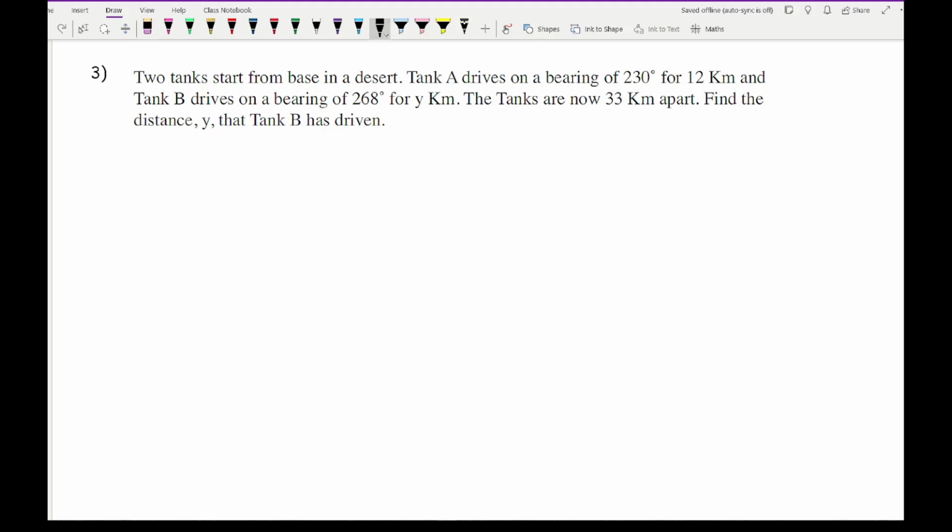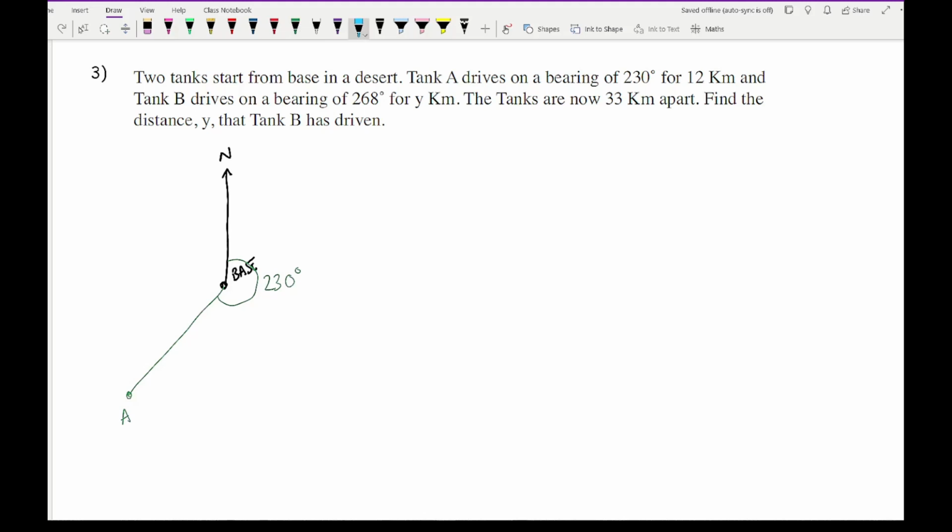So let's first of all start by drawing a diagram. I'm going to do this freehand just to save a bit of time. So this is the actual base. And it says, looking at tank A, it's traveling at 230. And I'm just going to say that 230 is there. And this whole angle is 230 degrees. It then says tank B is 268.